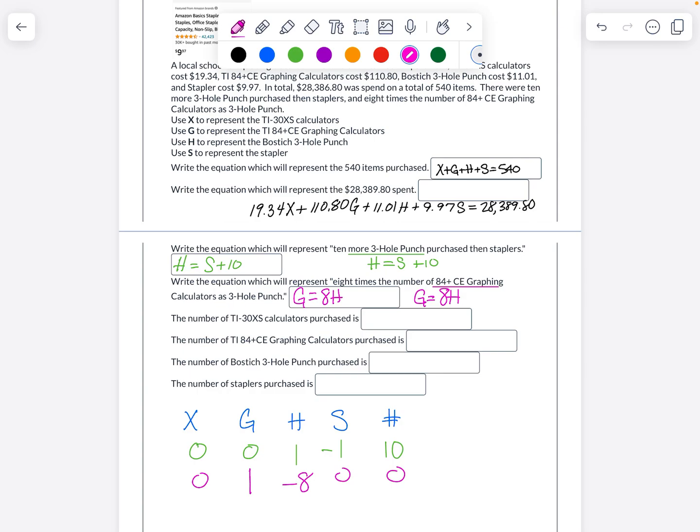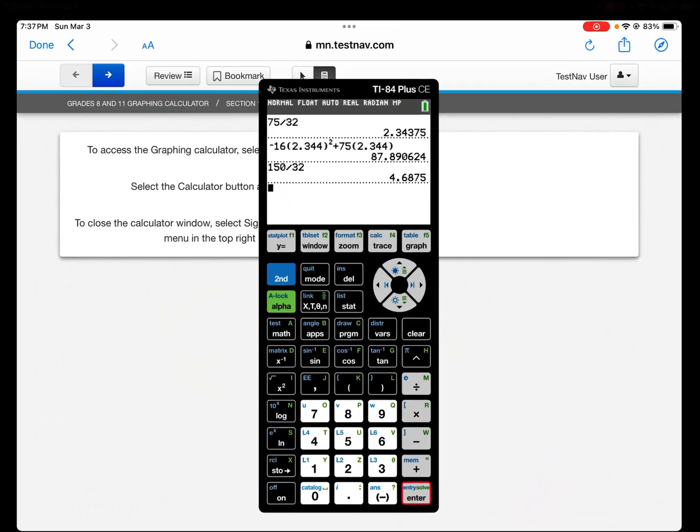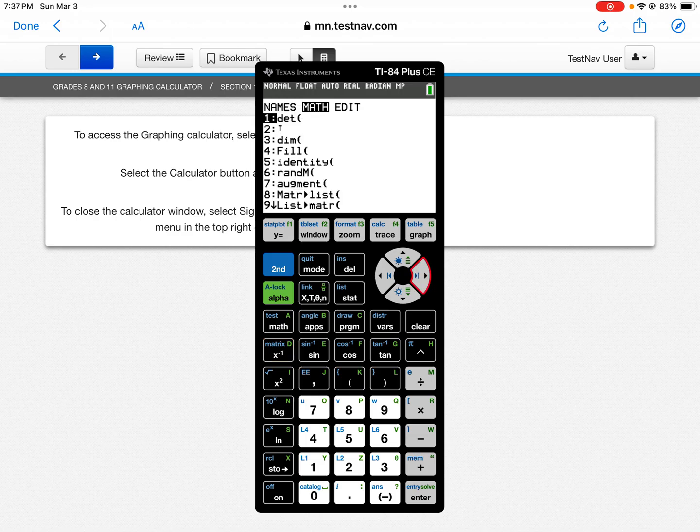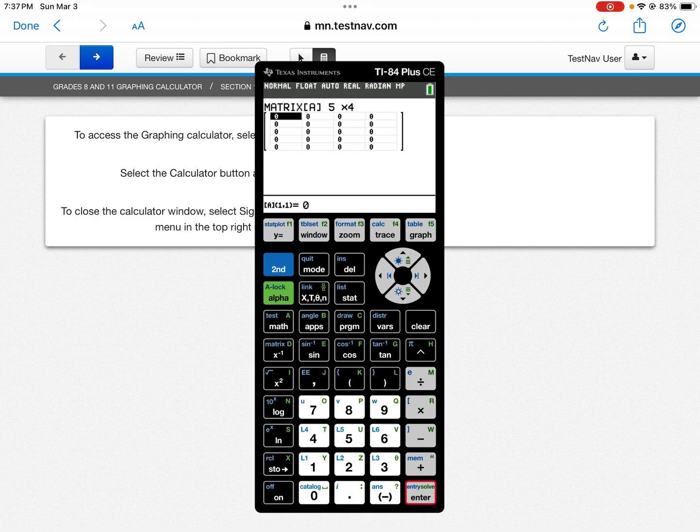Okay, well this is going to be a feat. So, in the calculator, second matrix, edit. And there were 4 items. This is a 5 by 4. Nope, a 4 by 5. 4 by 5.